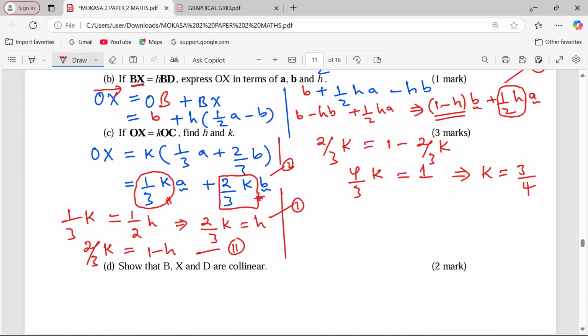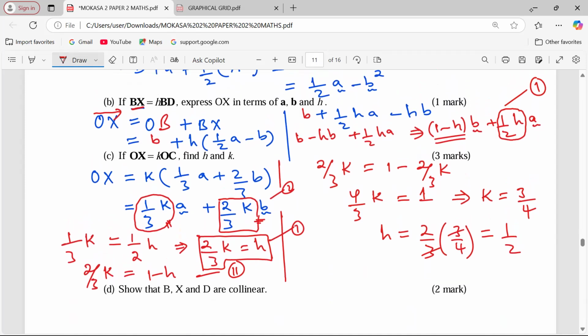With the value of K as 3/4, we can also write the value of H. The value of H from this equation can be given by 2/3 the value of K. This is equal to 2 over 4, which is half. So H is half and K is 3/4. Those are the values of the constants H and K.